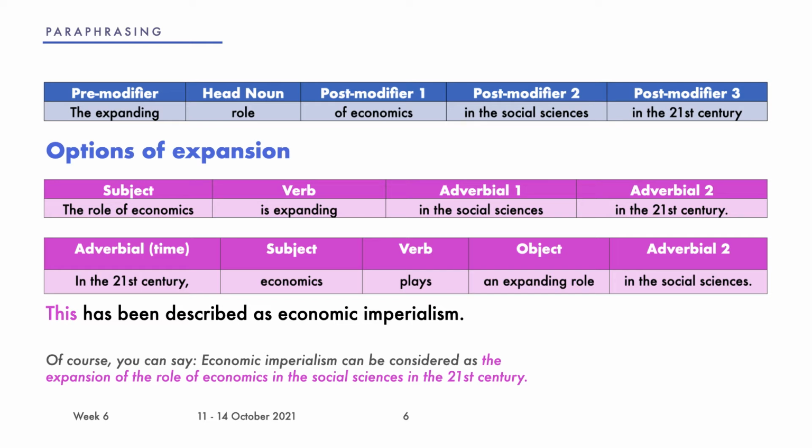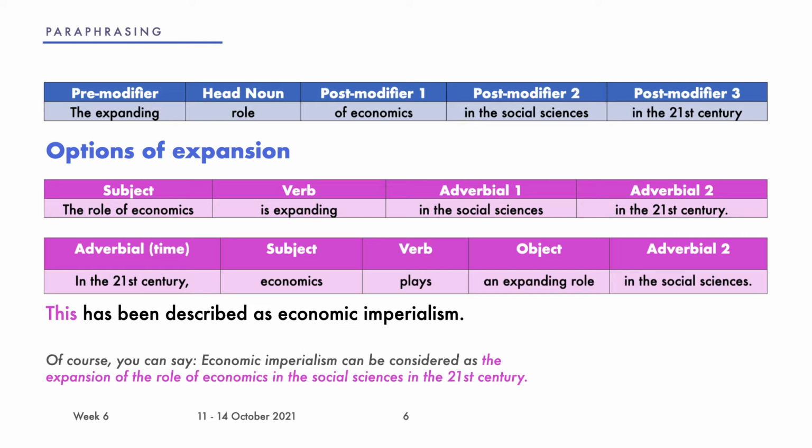So again, we have the noun group, the expanding role of economics in the social sciences in the 21st century. So in this case, when we have the prepositional phrases in the social sciences in the 21st century, they belong to the context information, the background information that talks about time, 21st century, and the field, or the context, so to say, the social sciences.